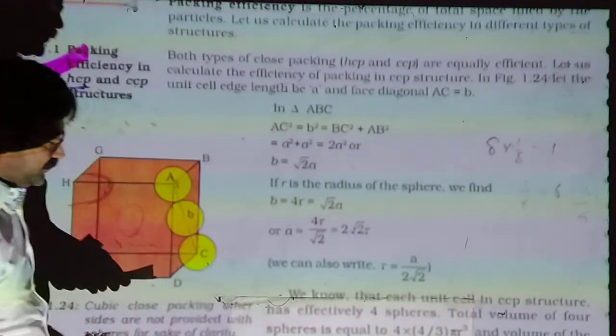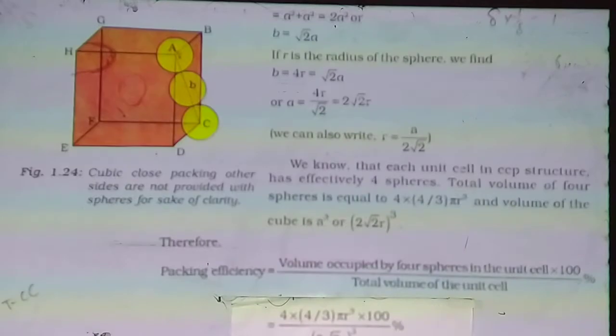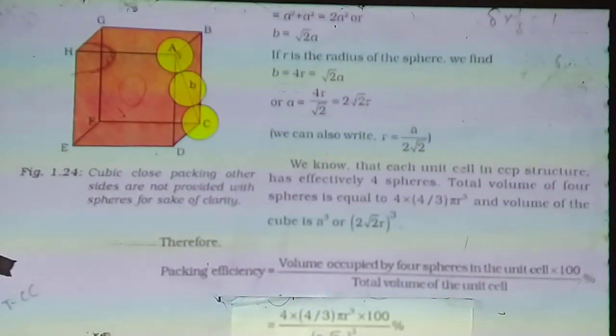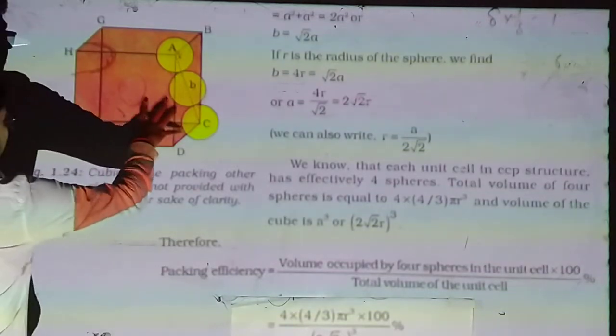So a will be 2 root 2 r. Underline it. We can also write r is equal to a upon 2 root 2. Both are the same. We know that each unit cell in the CCP structure has 4 spheres. In this type of structure, there are 4 spheres.